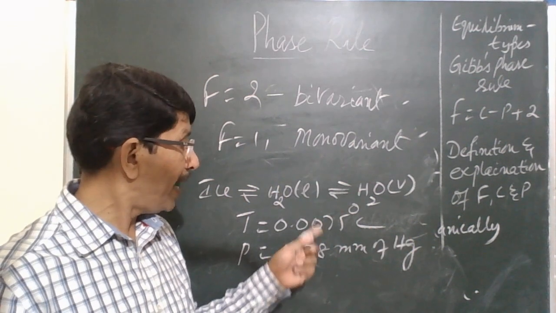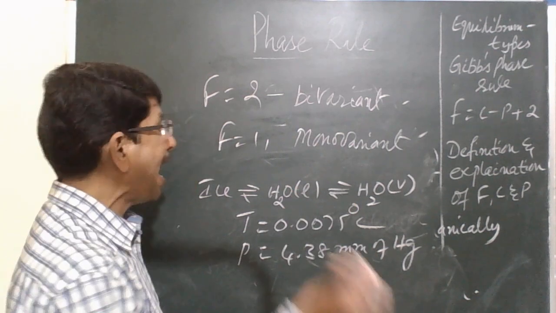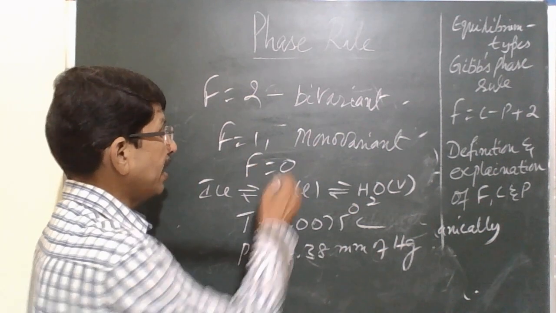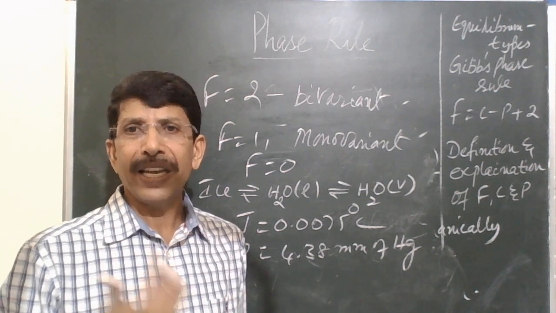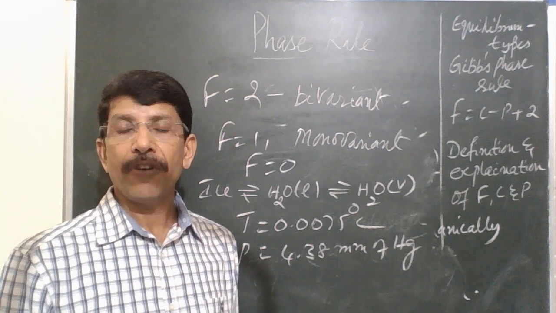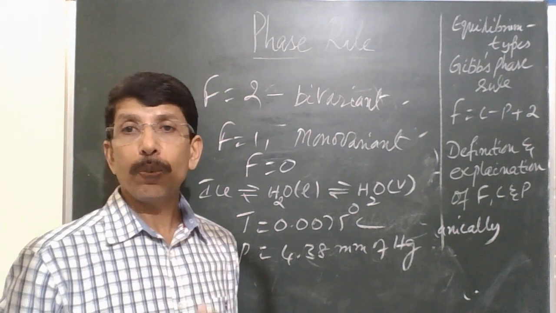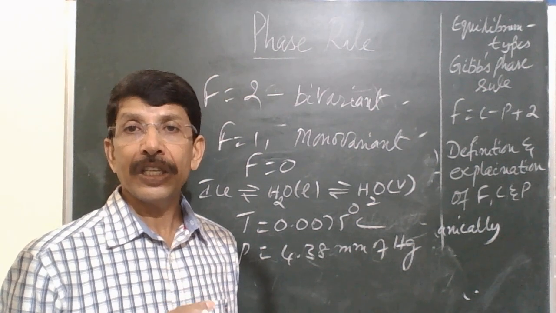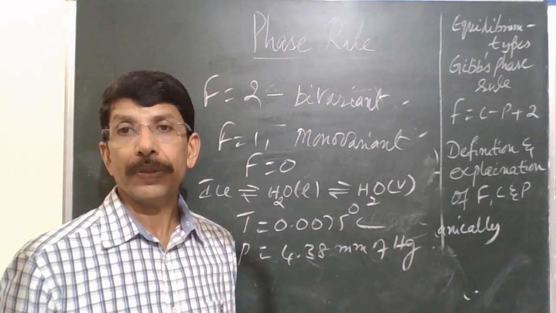So when temperature and pressure are fixed for this type of equilibrium, I need not specify anything, because when I say all the three phases of water are in equilibrium, it is known that these three phases of water would exist in equilibrium only at 0.0075 degrees Celsius and 4.38 millimeters of mercury pressure.